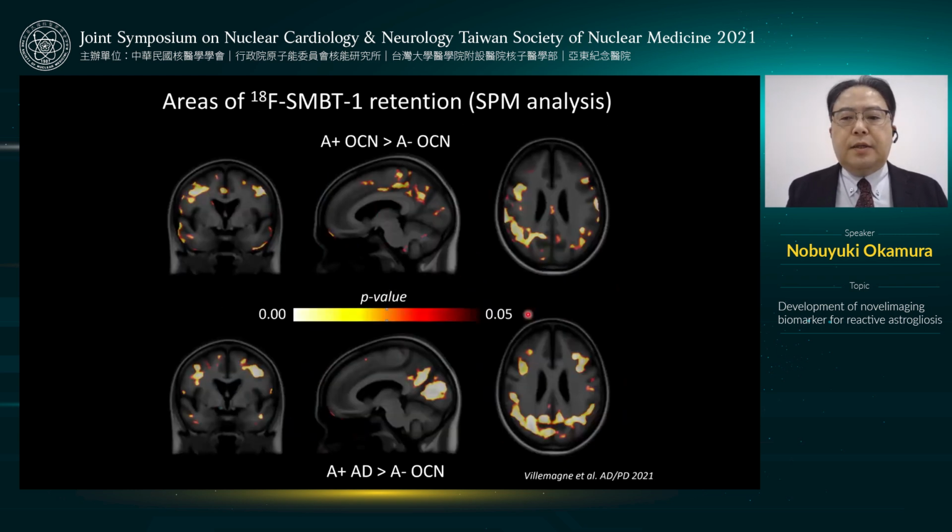In the SPM analysis, amyloid positive controls showed greater neocortical retention than amyloid negative controls. And in AD dementia patients, SMBT1 retention tends to be more extensive than in preclinical AD cases.